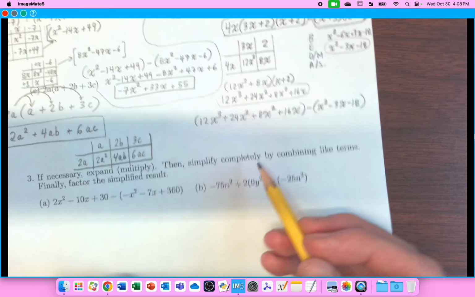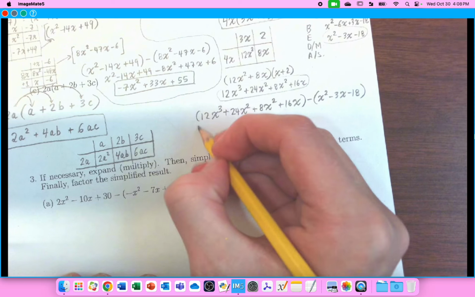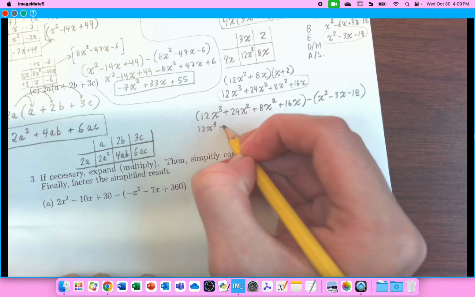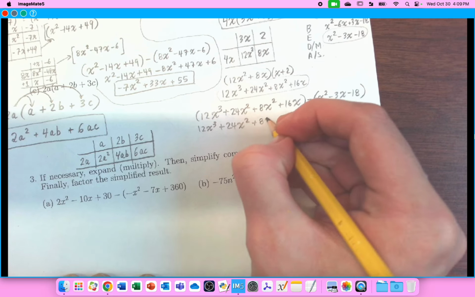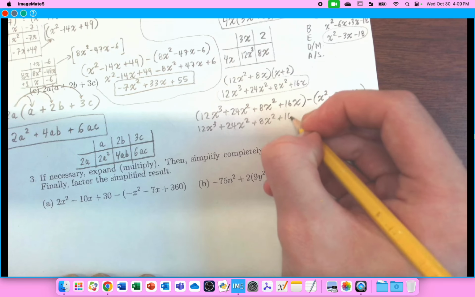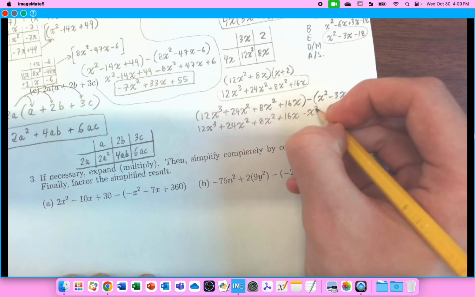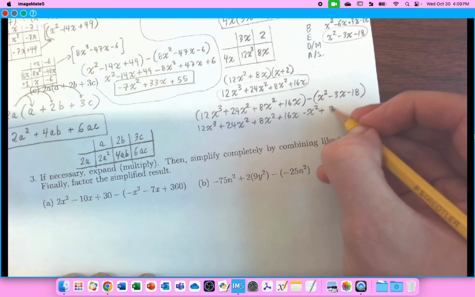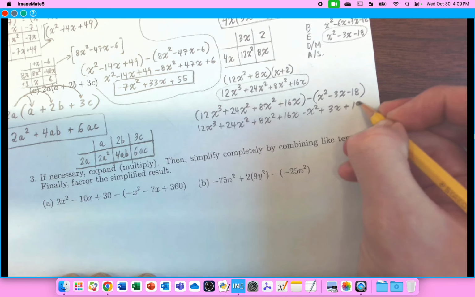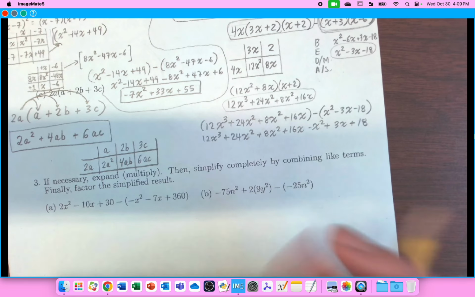Do my step where I get rid of my brackets. 12x cubed plus 24x squared plus 8x squared plus 16x minus x squared plus 3x plus 18, because taking away a negative is plus. Combine like terms.